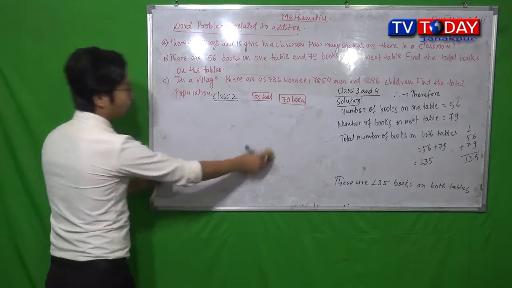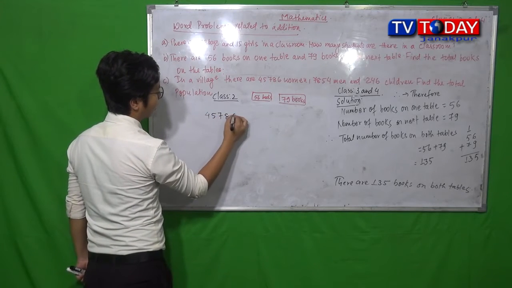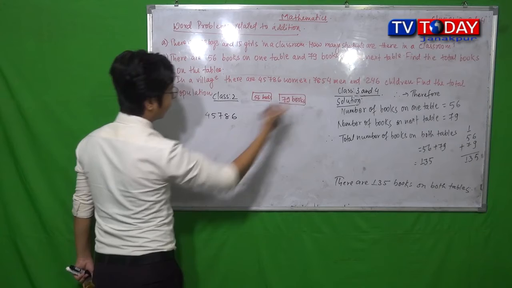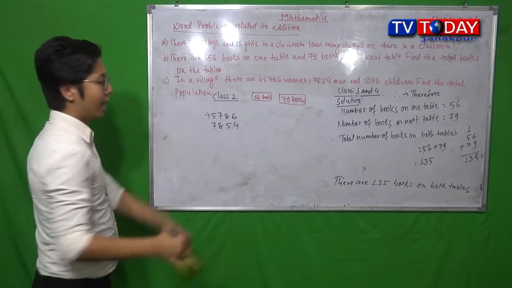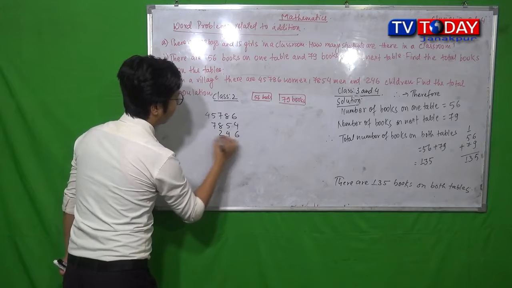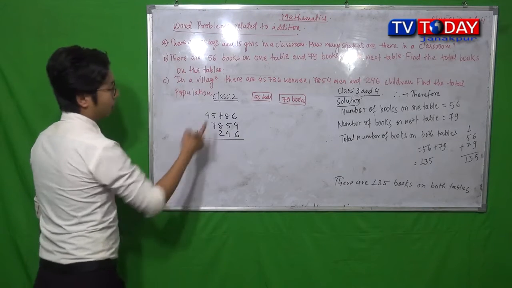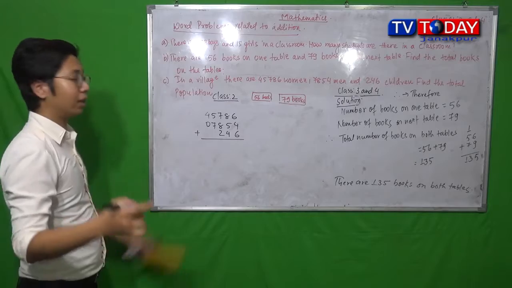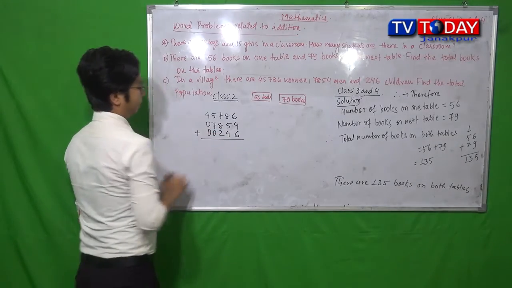So how will you perform? Directly write here 4, 5, 7, 8, 6 as the number of women. 7, 8, 5, 4 is the number of men, and 246 is the number of children. Here there is no number, so I have given 0, 0, 0.